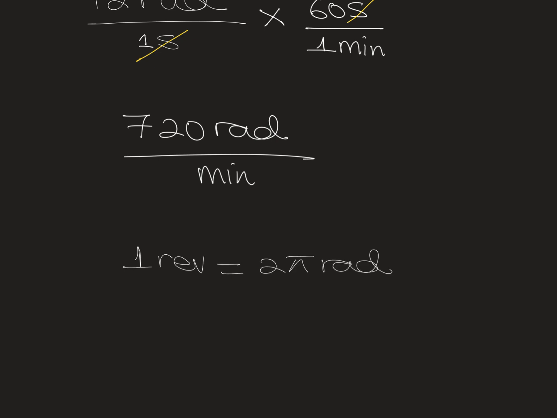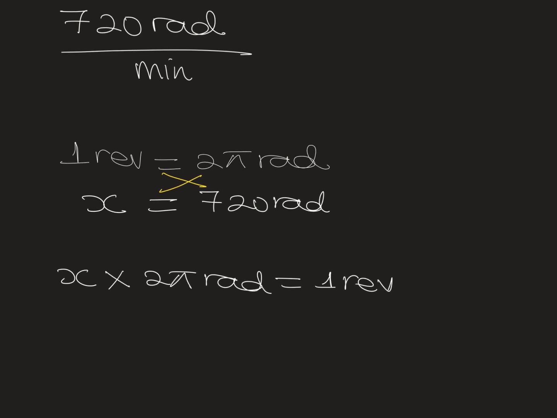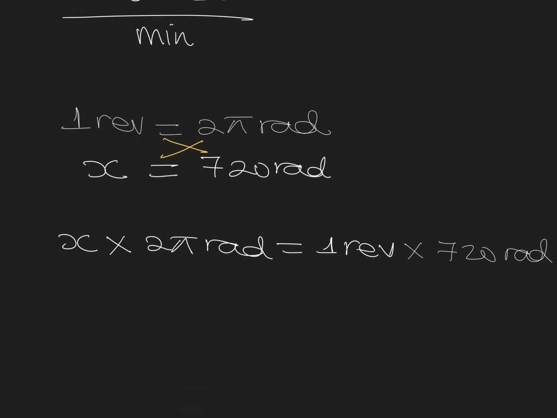So what will be 720 radians? 720 radians will be equal to x. Then we cross multiply. We will have x times 2 pi radians is equal to 1 revolution times 720 radians.